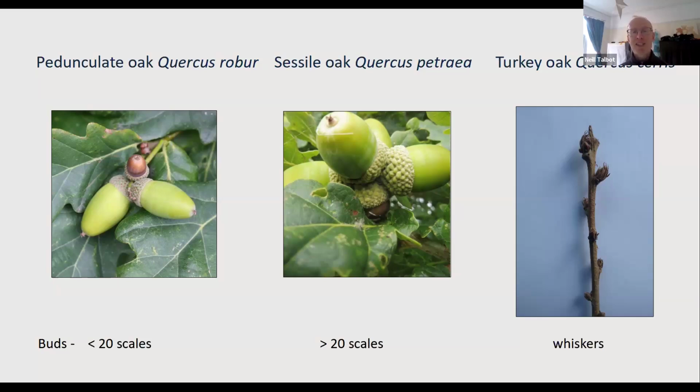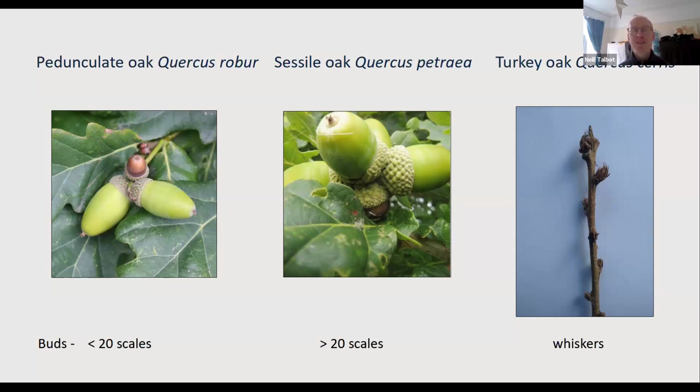To be honest, unless it's a mast year where you get a lot of seeds and fruits, I don't tend to see that many acorns on a lot of the trees I look at. I can't remember if it was last year or the year before, there were a lot of acorns, but I don't tend to see that many.